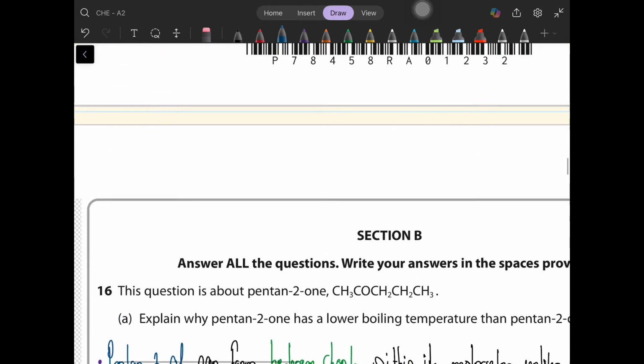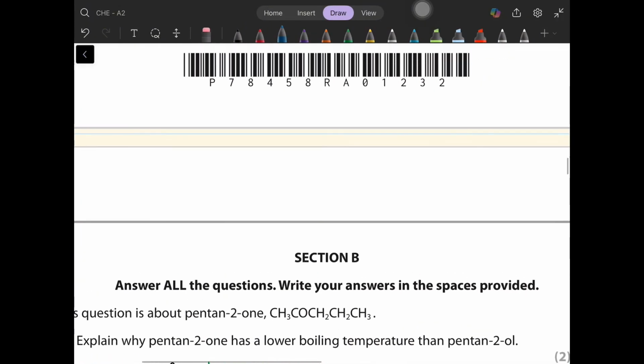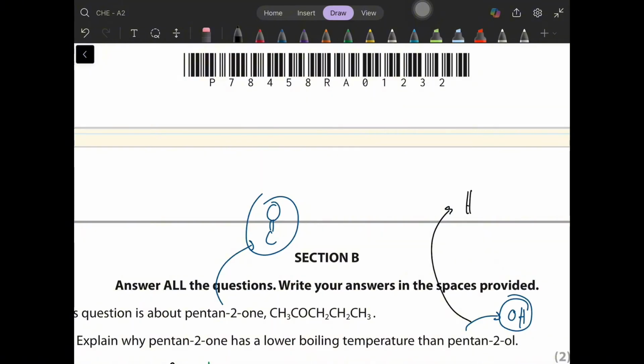All right, so this question is about pentan-2-one. It is a ketone. Explain why pentan-2-one has a lower melting point than pentan-2-ol, right? So this is an alcohol, OH, right? And this is a ketone, C=O, right? Now the melting temperature of pentan-2-ol would be higher because pentan-2-ol could form hydrogen bonds, and more energy is needed to break these hydrogen bonds, and hydrogen bonds are the strongest intermolecular forces, right?